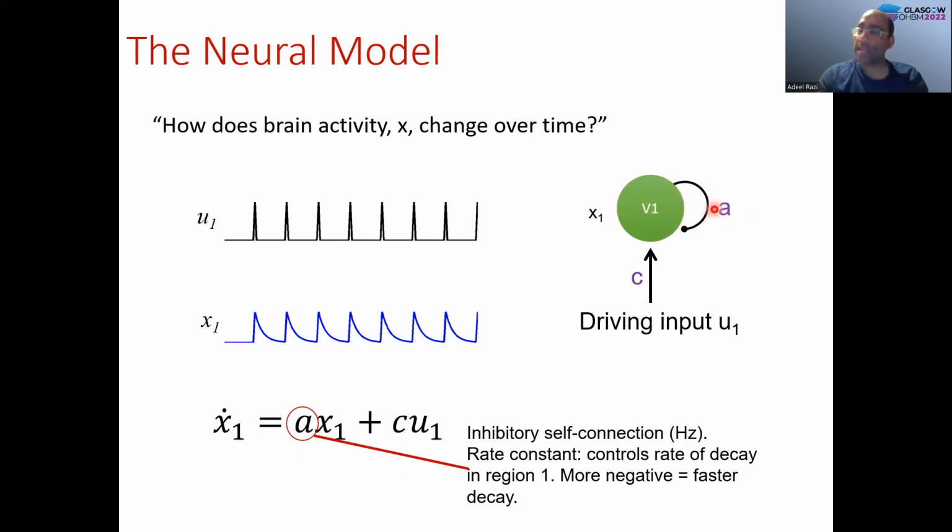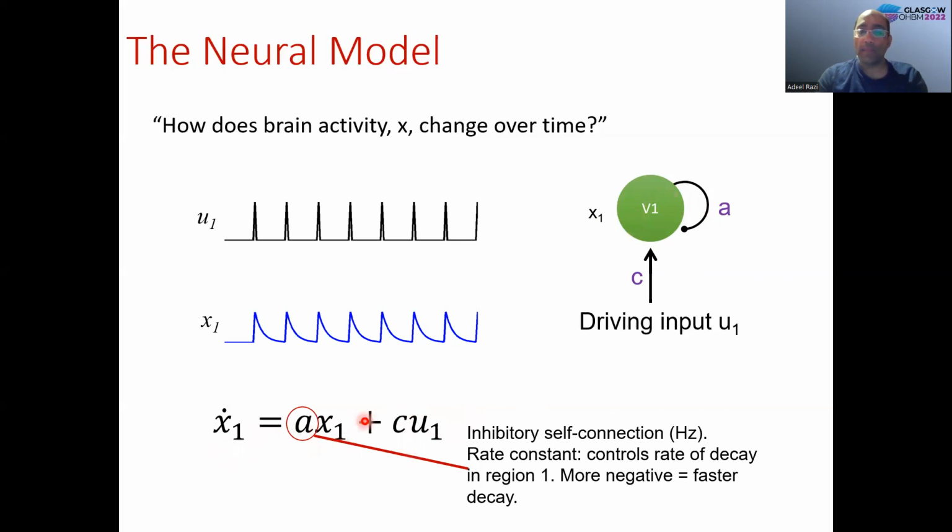Because this A is the self connection, the change in X1 is a function of how strong the self connectivity A is, plus the external influence. So there is some external stimulus U1, and then there is a coefficient C, which shows the strength, how much of this actually goes into the region.